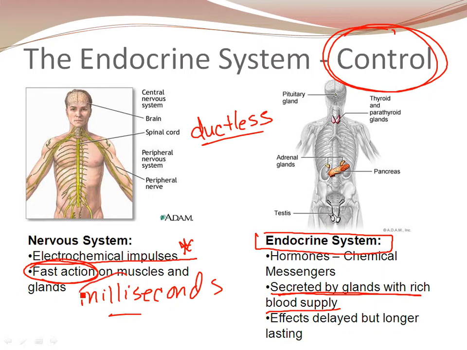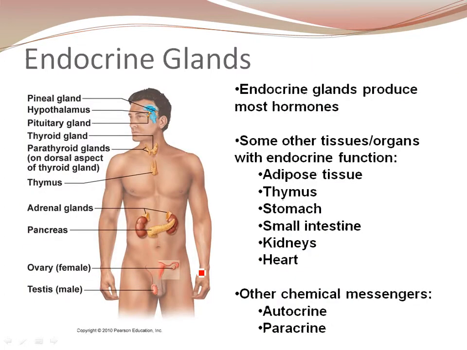So unlike your nervous system, where your nervous system can decide we're going to change something here, and that can happen within a fraction of a second, in the case of the endocrine system, the time it takes to secrete the hormones and have those hormones travel throughout the body can be minutes or even longer. But on the other hand, nervous system control can last for a split second, whereas control by hormones can have very long-lasting effects that can go on and on and on much longer. So those are a couple of key differences.